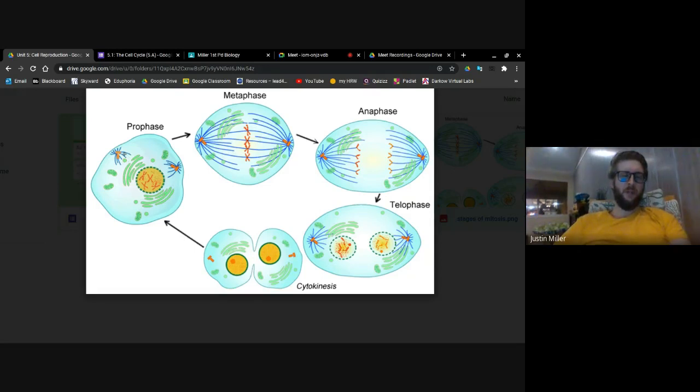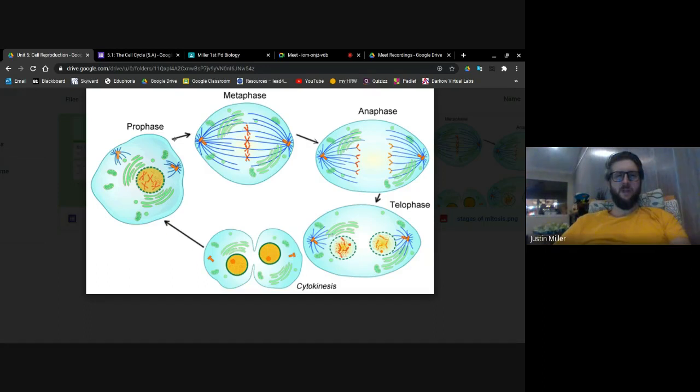It's going to rip it right in half, half the DNA to one side of the cell, the other half to the other side of the cell. These mitotic spindles are very important in the process of separating this one cell into two separate cells. All right, so that's prophase.